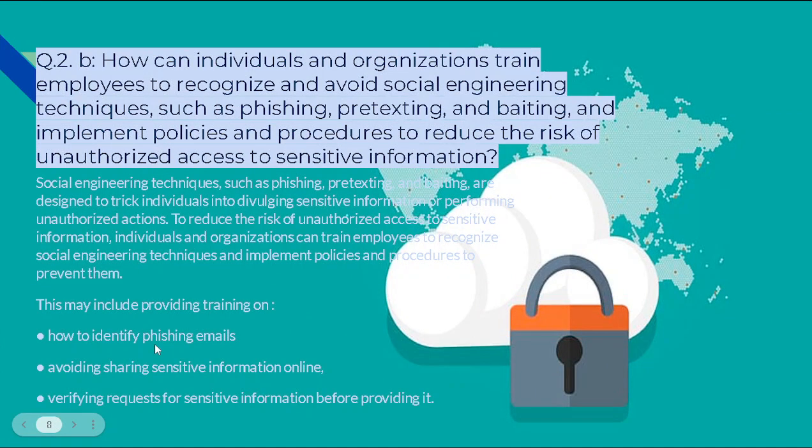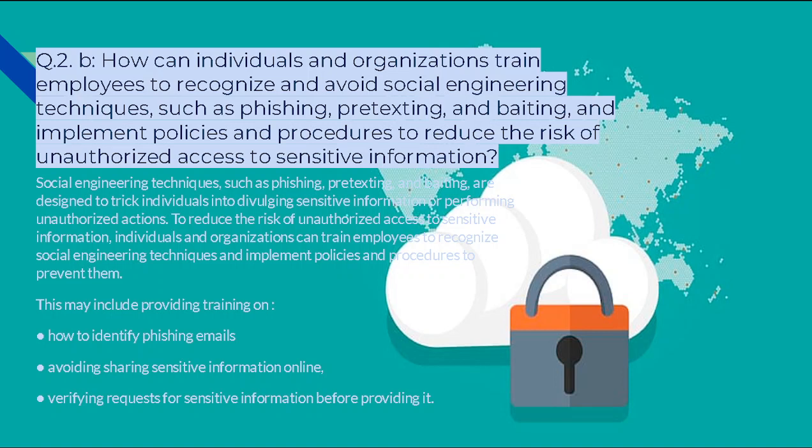Now, how can individual and organization train employees to recognize and avoid social engineering techniques such as phishing, pretexting, and baiting, and implement policies and procedures to reduce the risk of unauthorized access to sensitive information? Social engineering techniques such as phishing, pretexting, baiting, these are designed to trick individual into divulging sensitive information or performing unauthorized actions.